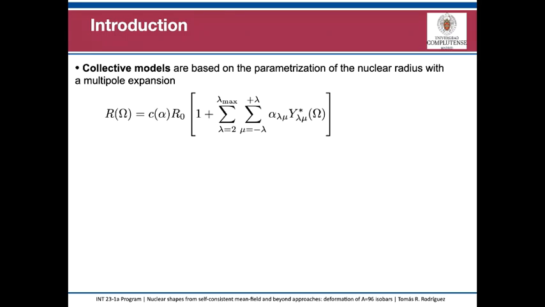Okay. Can you say something about the C of alpha? Yeah, this is just, in the simplest model, one parameterization. If you think of this as a parameterization of the density, then if R0 is a free parameter, then the volume is a free parameter too.